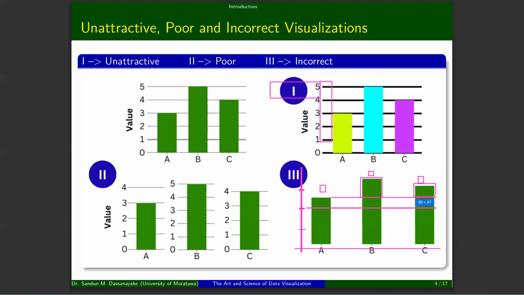Now you can of course argue, like in a math exam or any type of IQ exam, you can measure this length and then measure the difference, and then say what the proportion is. Yes, of course you can do that, but the point of data visualization is to make that cognitive load less.